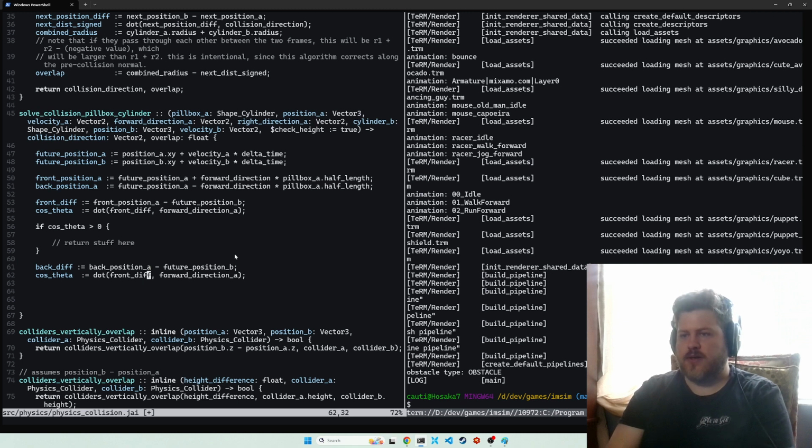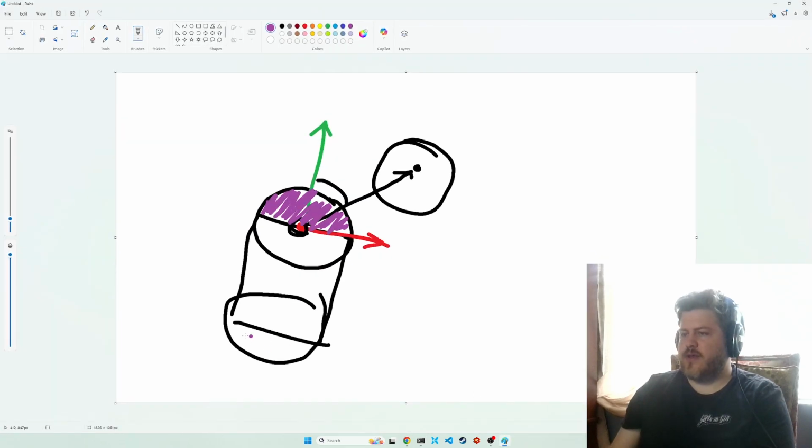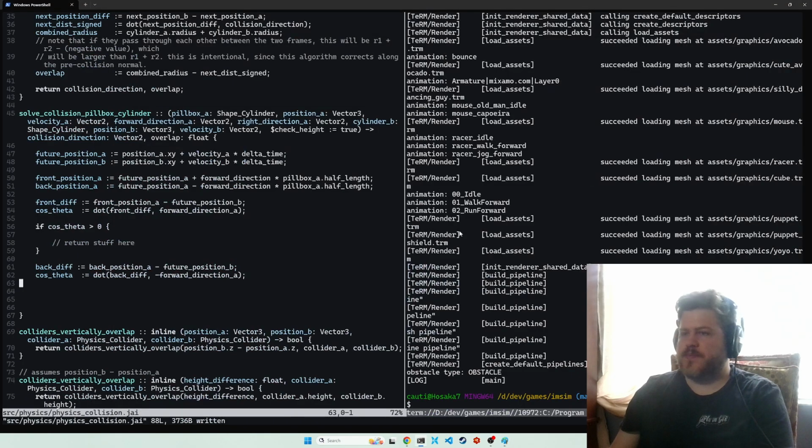So you have to get this dot product as well. And I'll say, is this positive when we take the negative forward direction, which is the backward direction? And then if that's true, then again, if it's over here, we want to deal with it with this part of the collider. Right? If it's over here, or here, or here, right? So the dot product will tell us that.